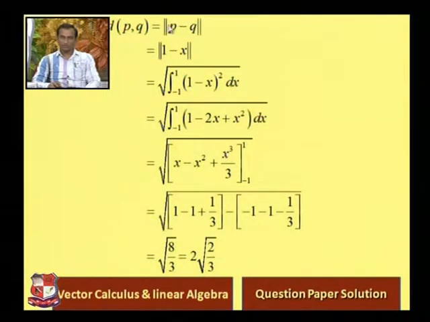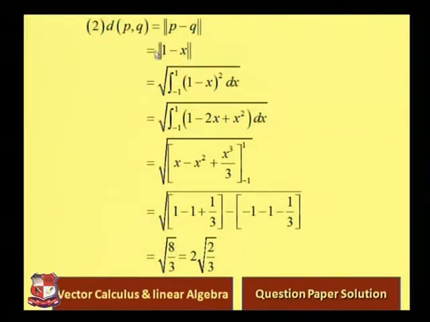Next, question number 2, the distance between P and Q vectors. Its definition is: the distance between P and Q is the norm of P minus Q. Now P is 1 and Q is x in the hypothesis, so the norm of P minus Q is the norm of 1 minus x. By the definition of norm, it is the square root of the integration from minus 1 to 1 of (1 minus x) into (1 minus x), so we directly write (1 minus x) whole square dx.